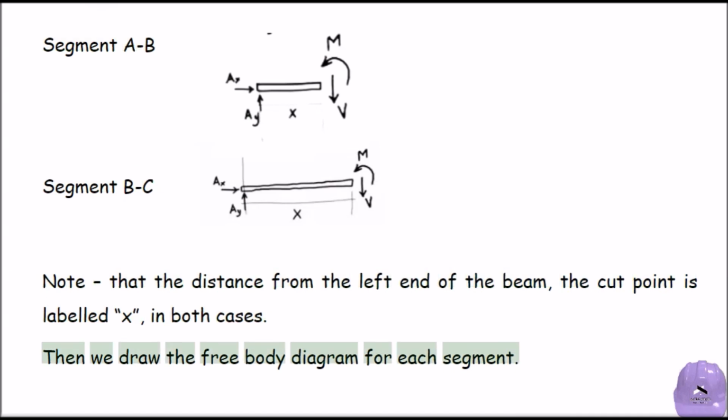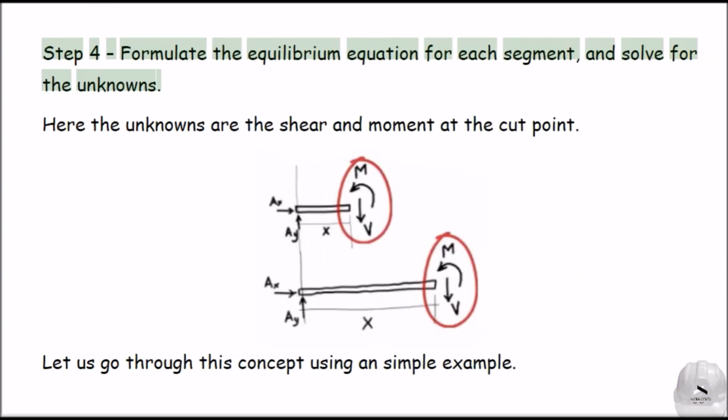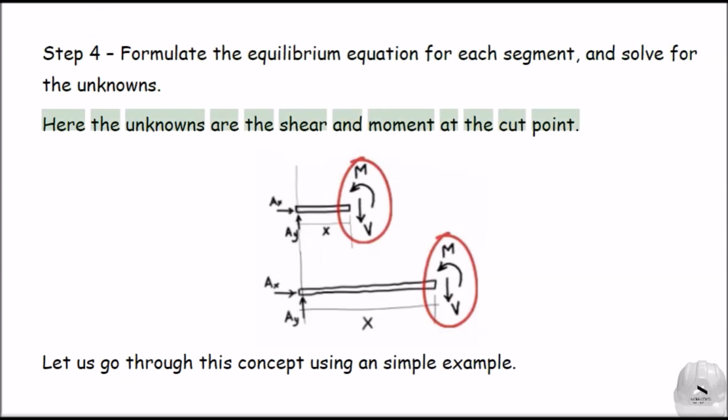Then we draw the free body diagram for each segment. Step 4, formulate the equilibrium equations for each segment and solve for the unknowns. Here the unknowns are the shear and moment at the cut point.